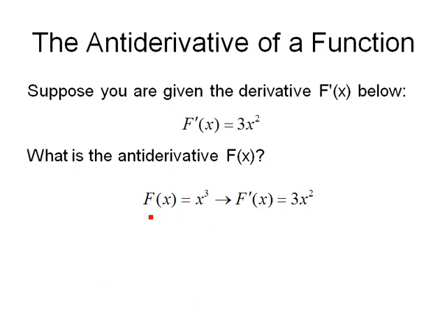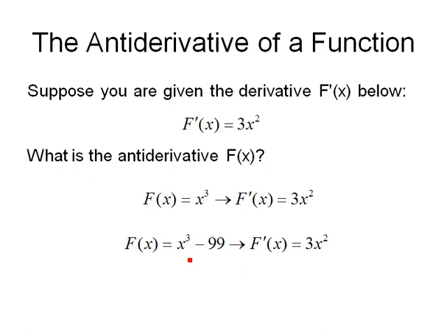So if capital F of x is x cubed, the derivative of that is 3x squared. If capital F of x is x cubed plus 1, the derivative of that is also 3x squared. And x cubed plus 10, that derivative is also 3x squared.